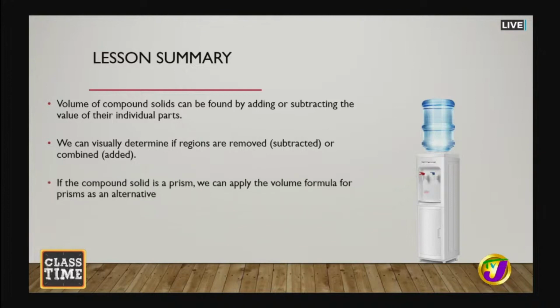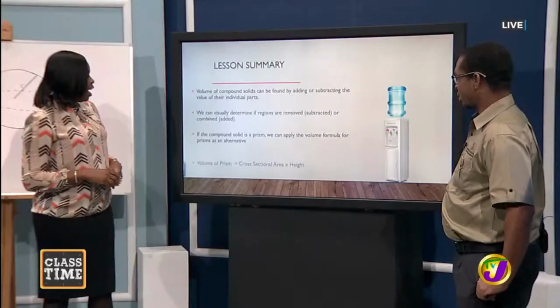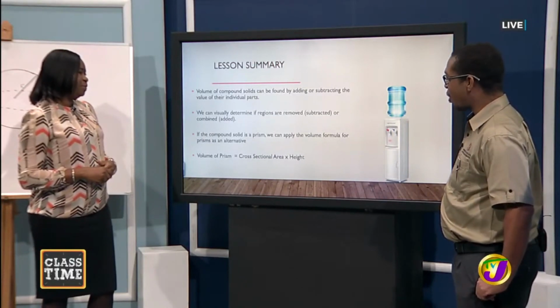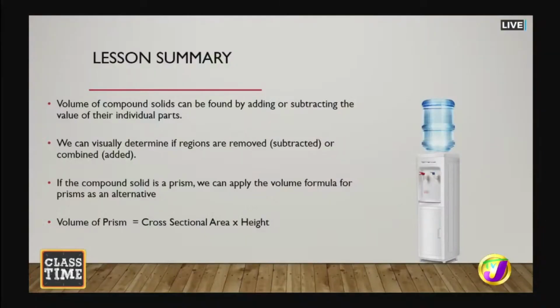And if the compound solid is a prism, we can apply the volume formula for prisms as an alternative. And finally, the volume of a prism, this is important, is the cross-sectional area multiplied by the height. Awesome.